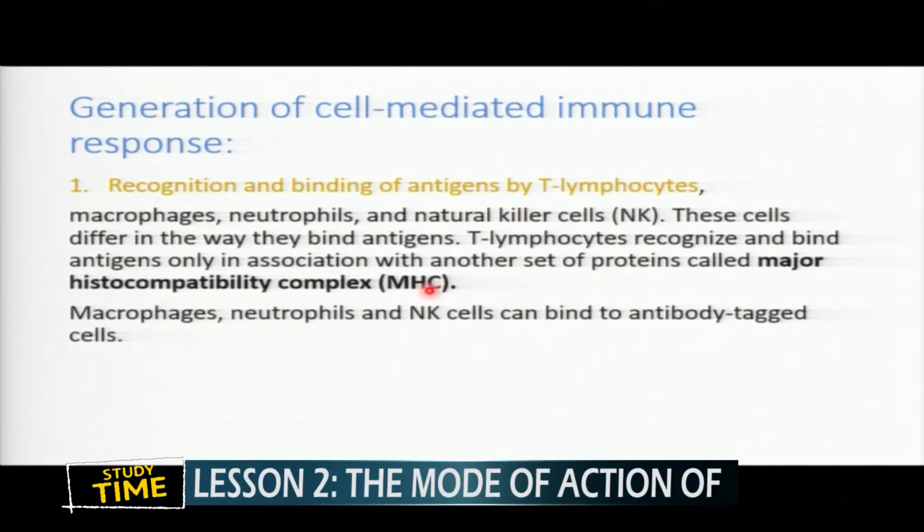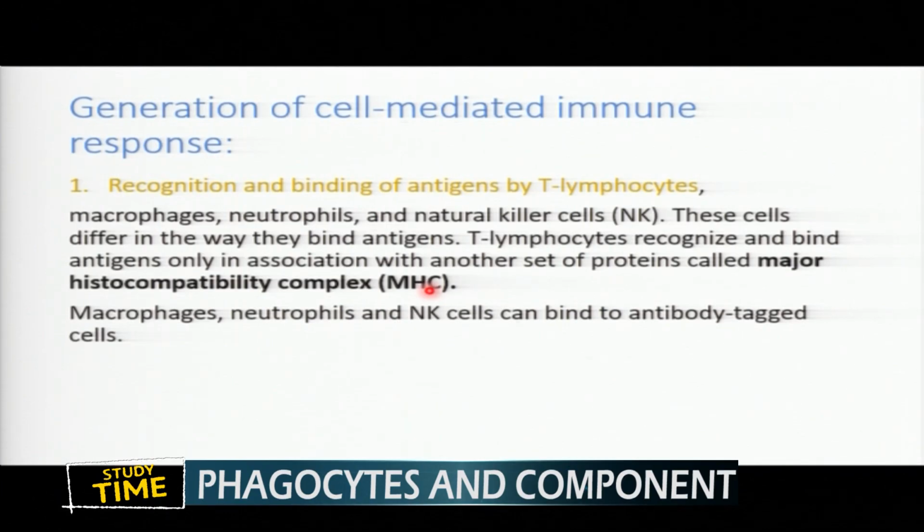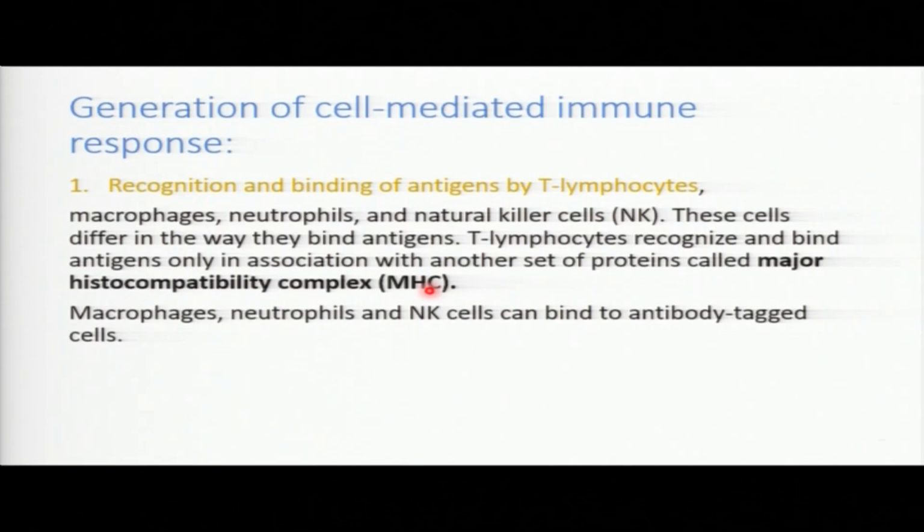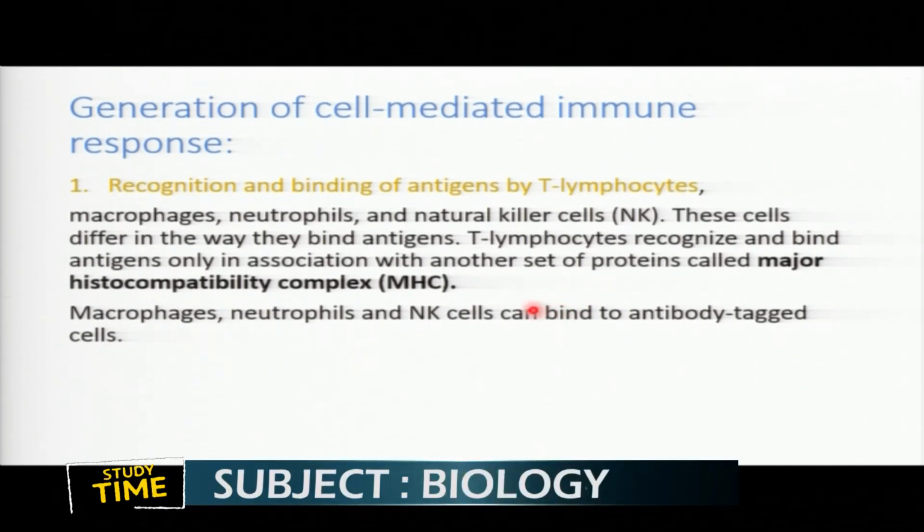So when there are cells that have been infected, there are some antigens found on the surface of that cell, infected by pathogens. So what do the T lymphocytes do? They recognize and bind on the antigens of those germs, but they are helped by the major histocompatibility complex proteins.